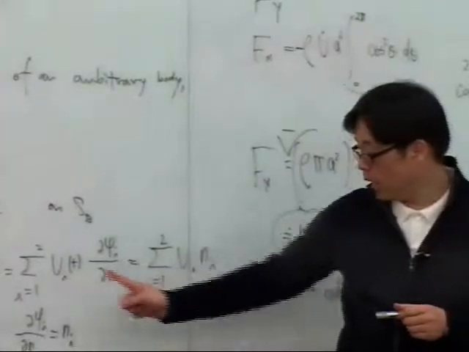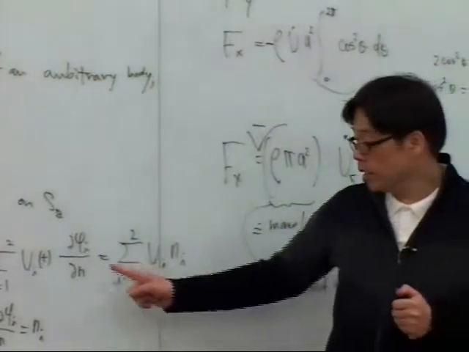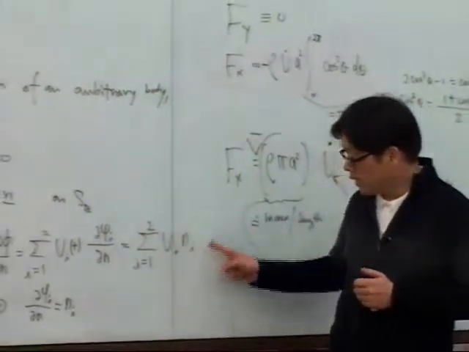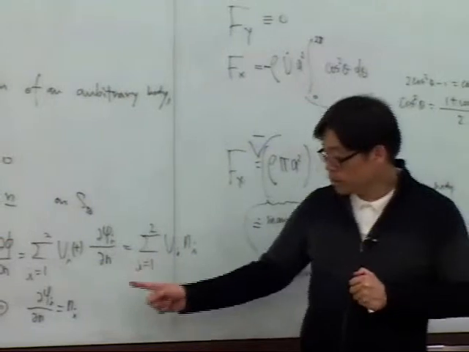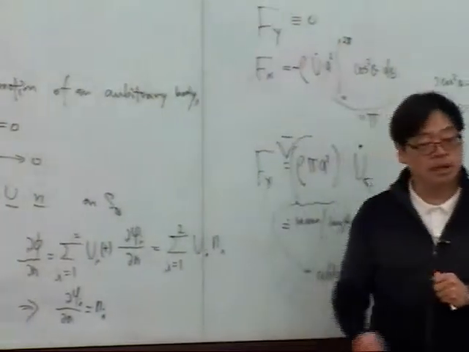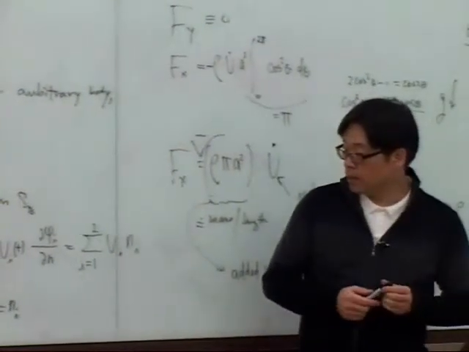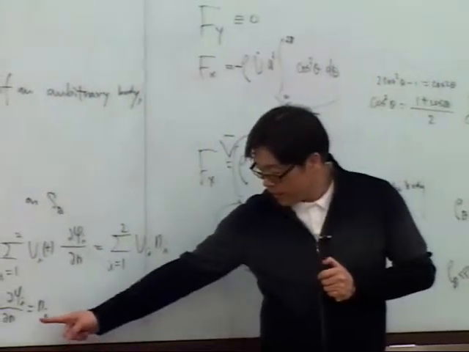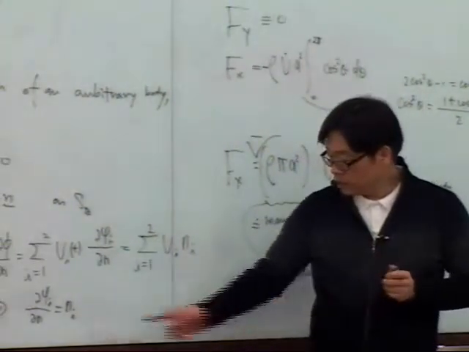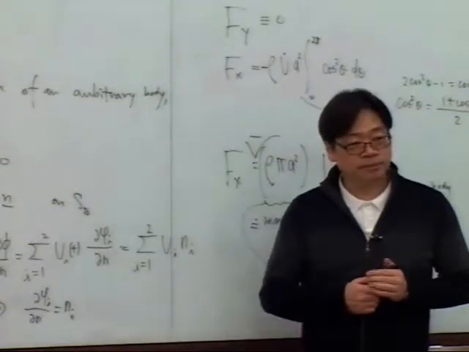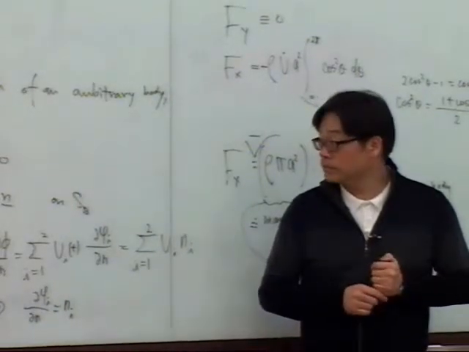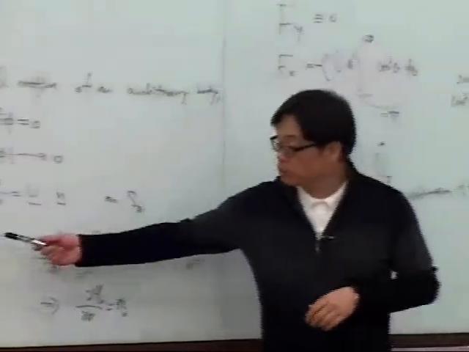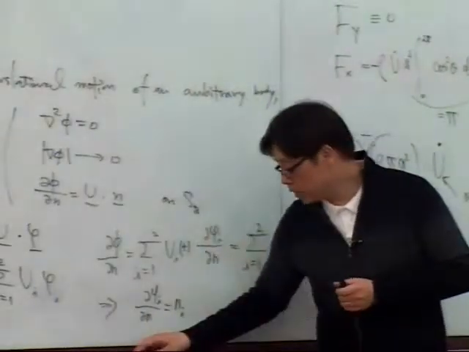Because I have a u_i here, and then I have this guy and this guy. So this time dφ_i/dn has to be n_i. And then you substitute here, you will get exactly the same thing.